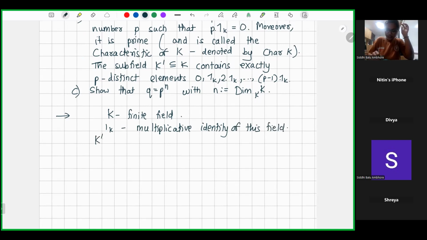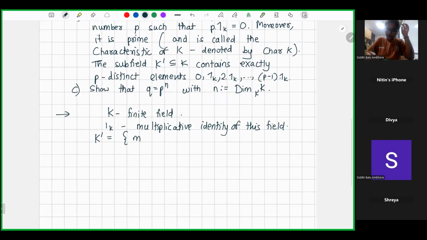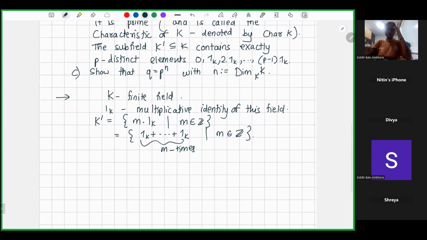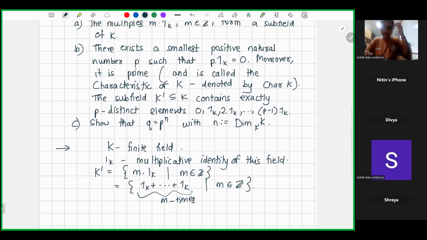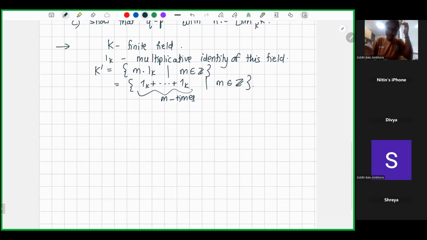And then K dash is defined as all elements m into 1_K, where m belongs to Z. It is actually the addition of this 1_K m times, so it is a collection of all elements of this form, where m is any integer.